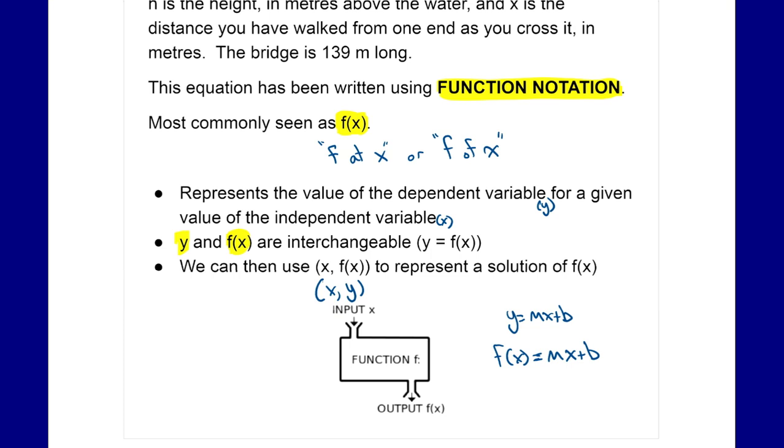And if we look at a function machine, we input an x value, our function does some operations to it, and it outputs f at x, or the function at an x value. So given this x value, this is what our function is.